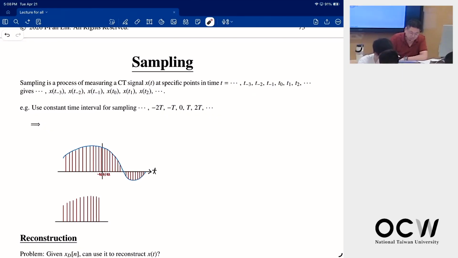And when I measure at these time points, I will get the results x of t naught, x of t1, x of t2, x of t minus 1. We will use a constant time interval for sampling, like I use T. So every T, 2T, 3T, minus T, and I sample it.